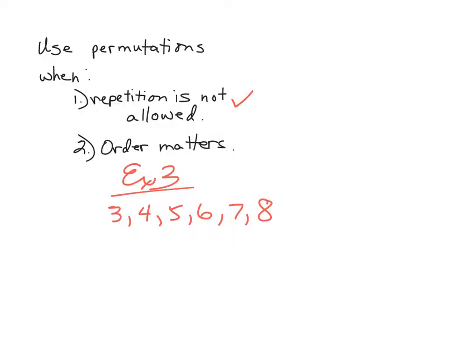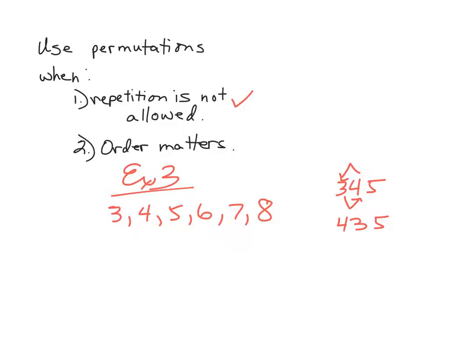So the second question is, does order matter? Okay, now, if you don't know, then here's how you see if order matters. Pick one possible result. Well, 345 would be one possible result, right? Now, if I switched any 2 of those, if I turned the 4 and the 3 around, and I said 435, is that the same result or is that a different result?